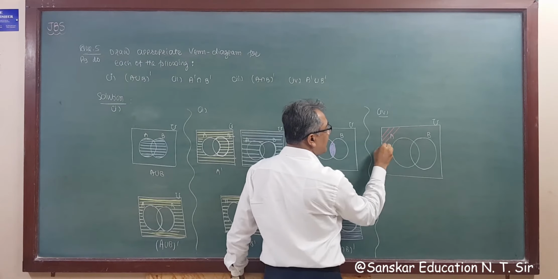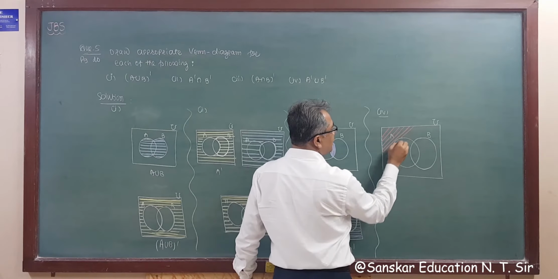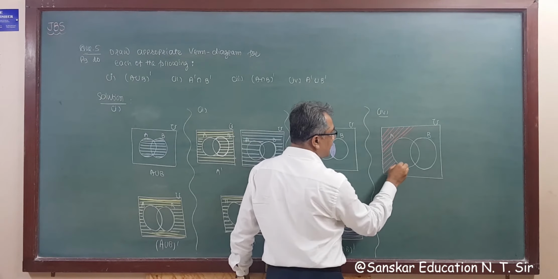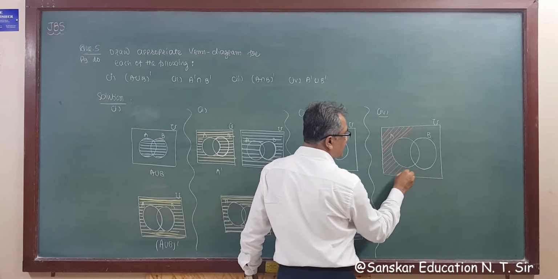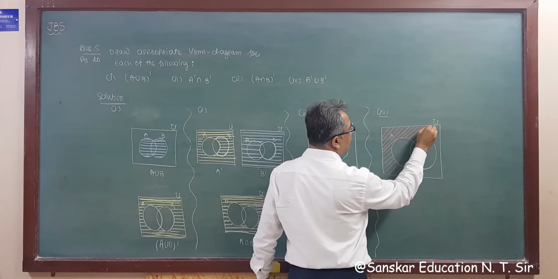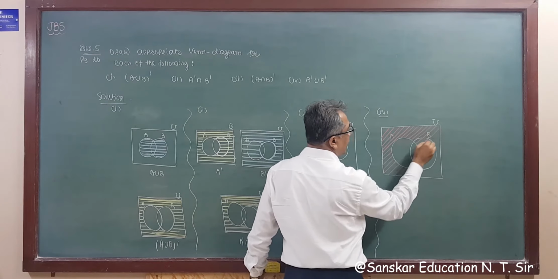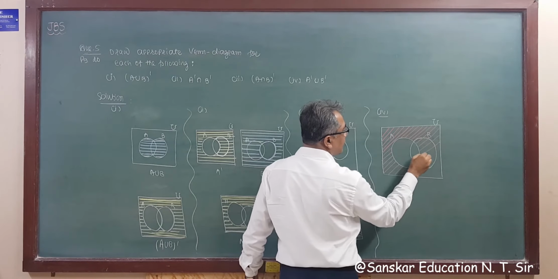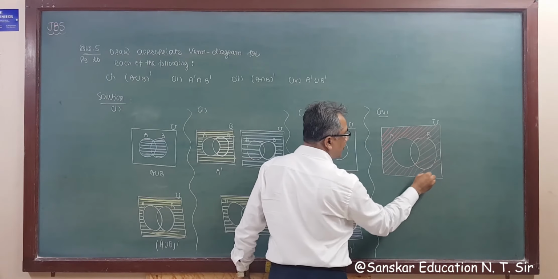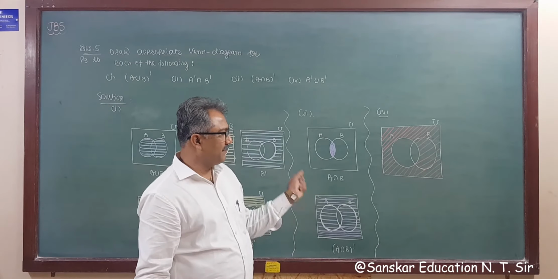I am indicating A dash by a red line. This area is known as A dash, other than A, the set of points which are in U but not in A.